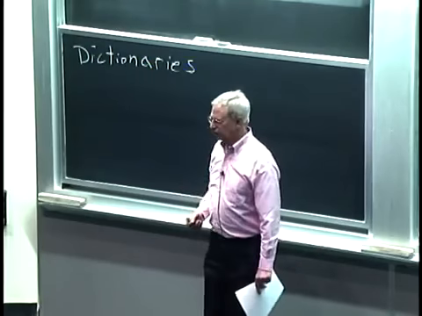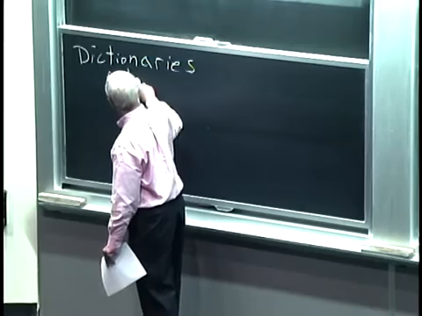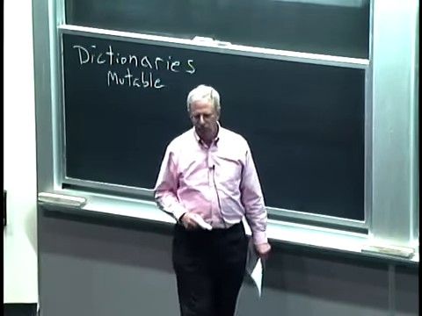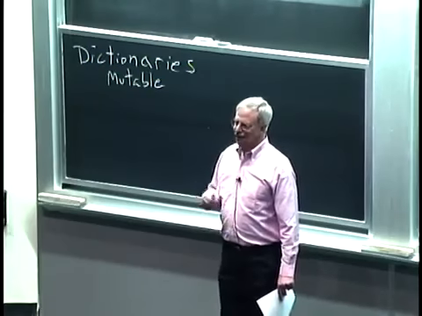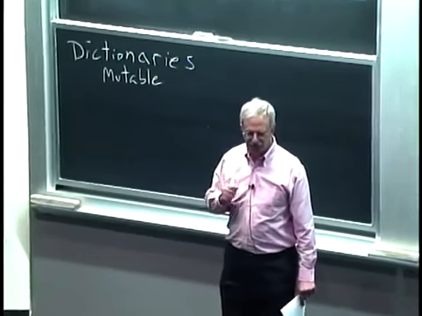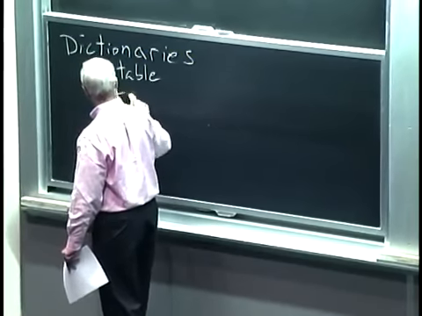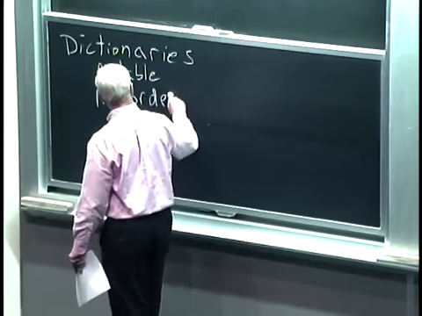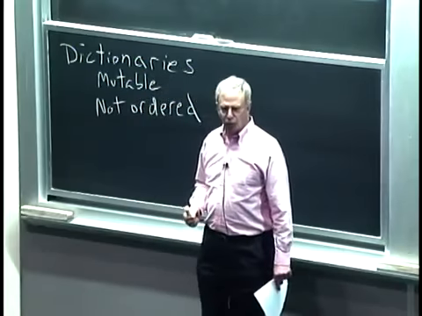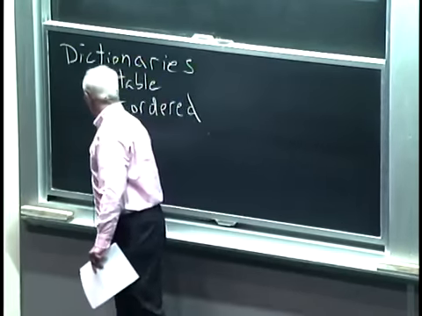Like lists, dictionaries are mutable. Like lists, they can be heterogeneous. But unlike lists, they're not ordered. The elements in them don't have an order. And furthermore, we have generalized the indexing.